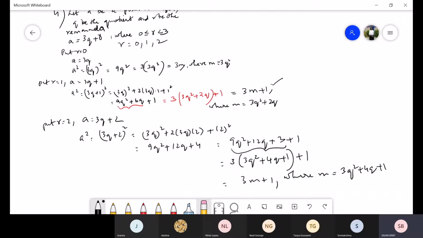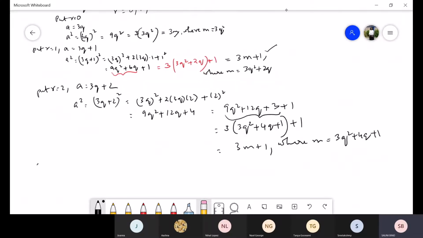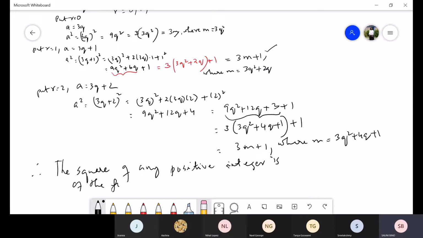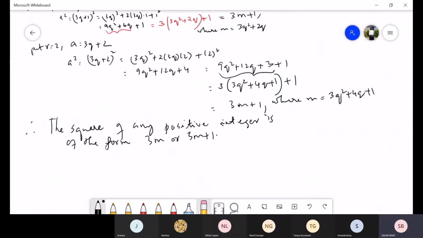Therefore the square of any positive integer can be expressed in the form 3m or 3m plus 1. Hence proved.